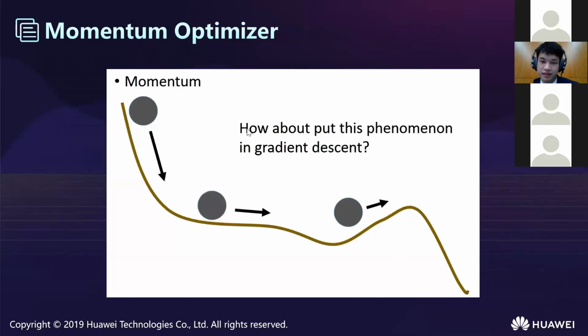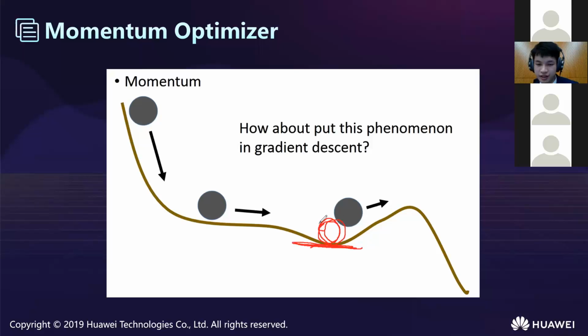Do you know the momentum? Just like we put a ball here, and the ball will fall down from this point. And if we consider the speed at this point, maybe there's no gradient here.